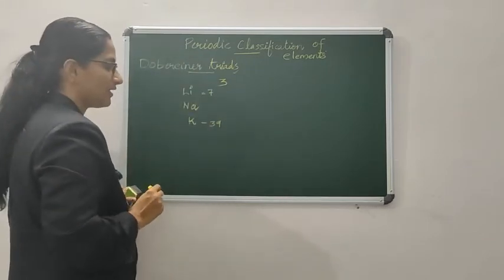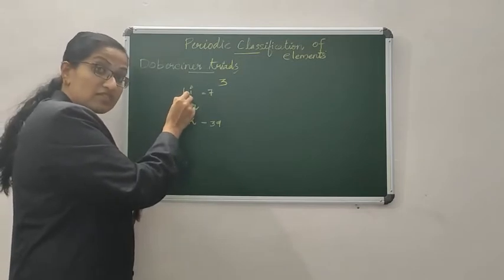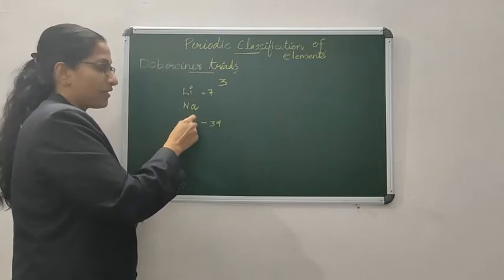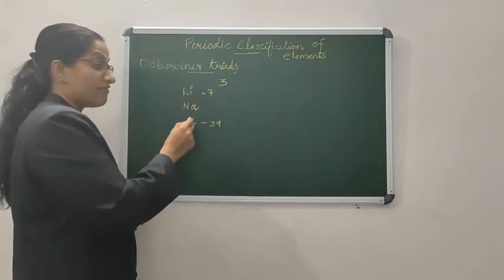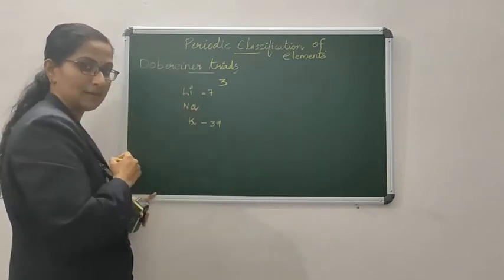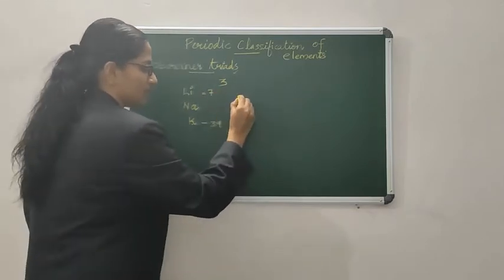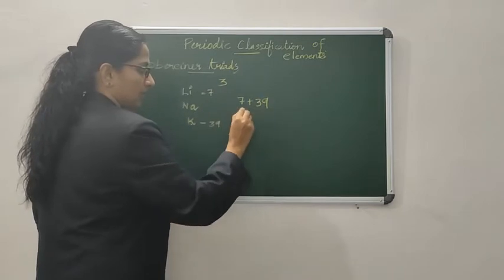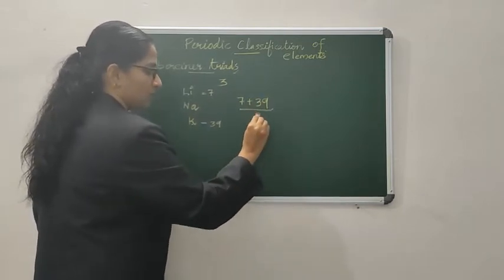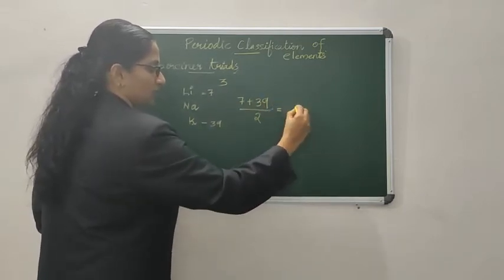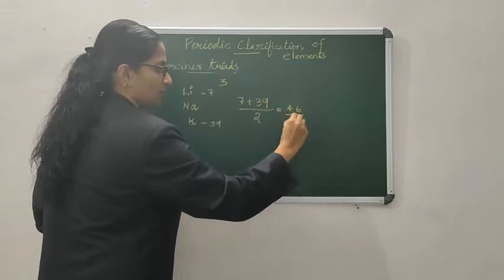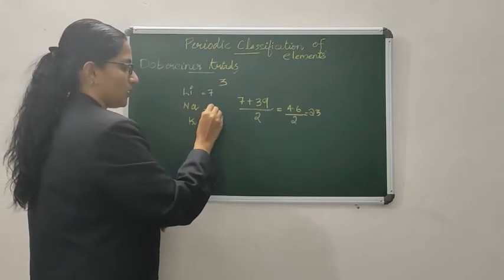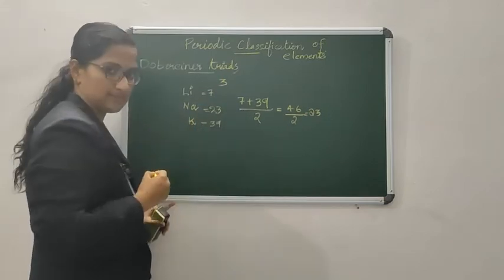Dobereiner's law states that when you calculate the mean of the mass of the first element and the mass of the third element, that will be the mass of the middle element. Here you can see 7 plus 39 divided by 2, which is equal to 46 by 2. You will get 23. The mass of sodium is equal to 23.